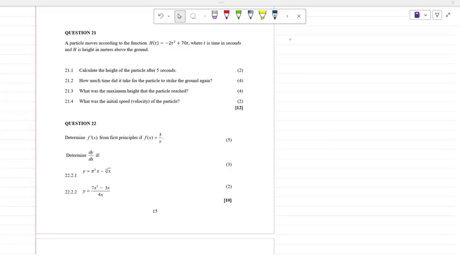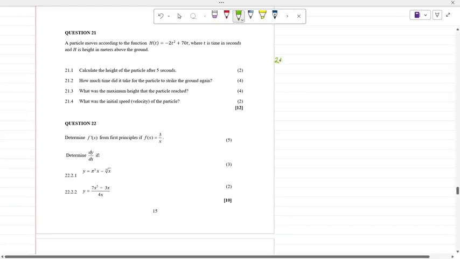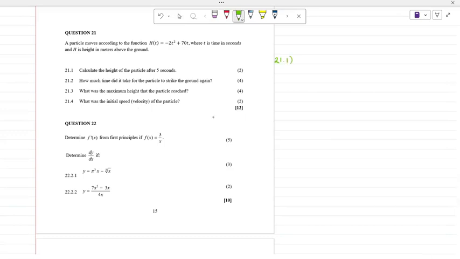So this is how we are going to answer that question. Question 21.1 says we need to calculate the height of the particle after 5 seconds. We are given that the time t in seconds equals 5.